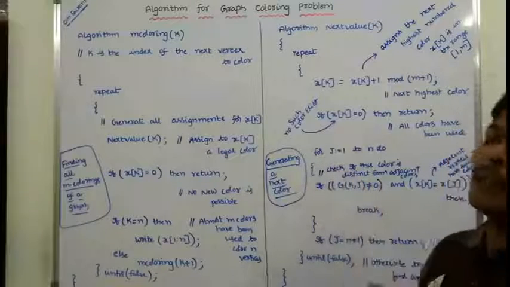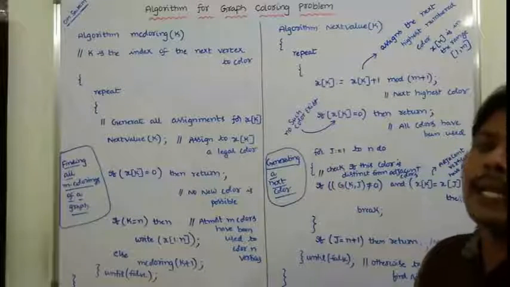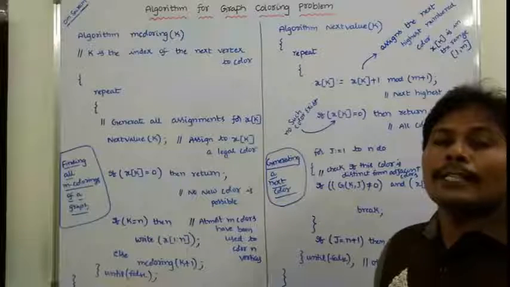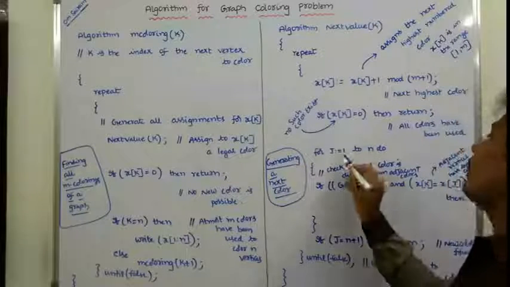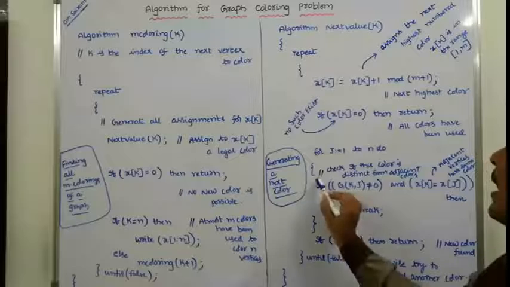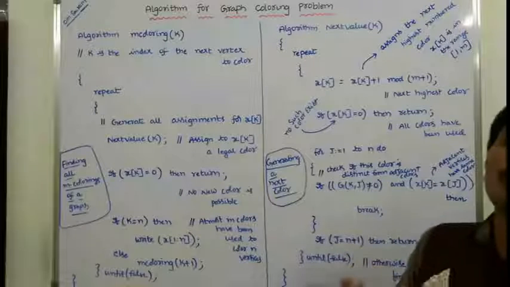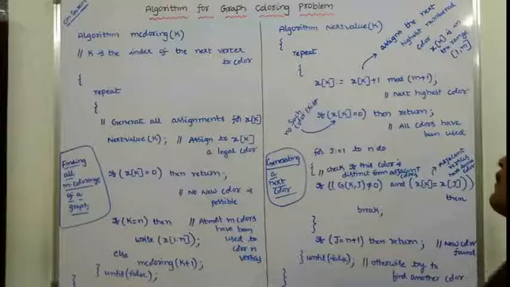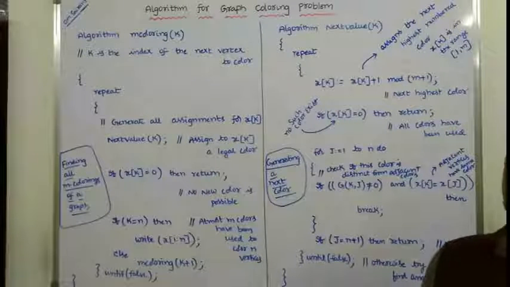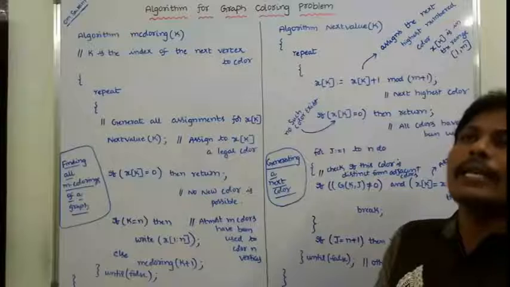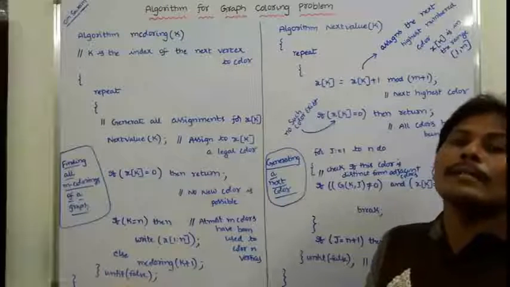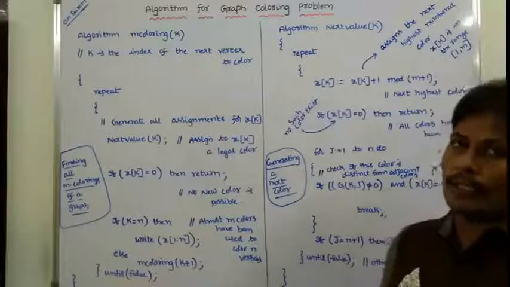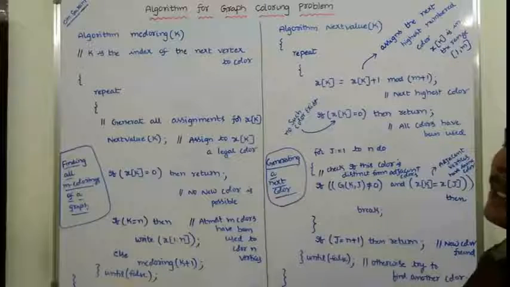For j is equal to 1 to n, so there are n number of vertices starting from 1 to n. Brace begin. Here we have to check if this color is distinct from the adjacent color. We check whether adjacent vertices have the same color or not by using this condition.